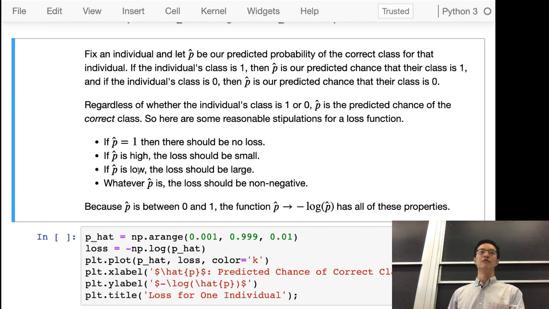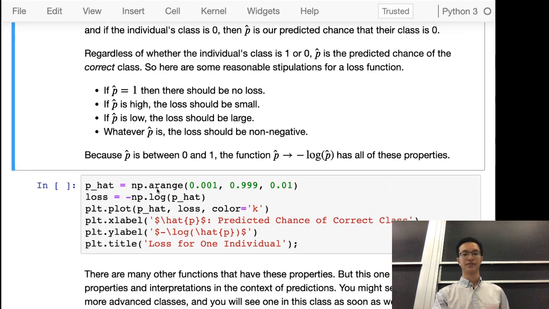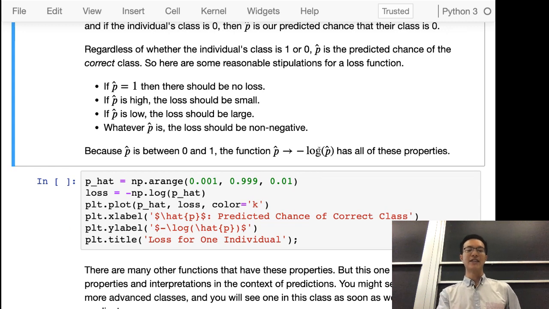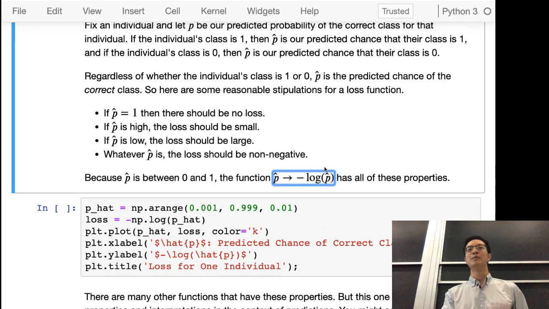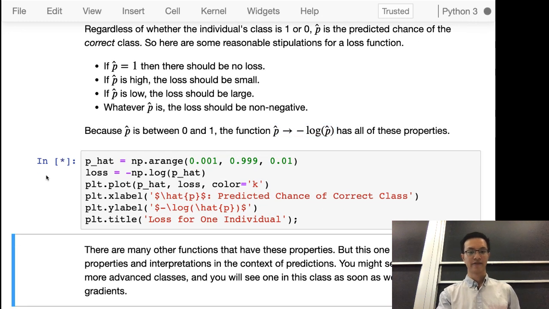But if p hat is low, which means our model is pretty far off from the real point, then our loss should be large. But whatever p hat is, our loss should be non-negative, because we want zero or positive losses. And it turns out that if you take the negative log value of a probability, you fulfill all these conditions at the same time. Let me show you why.